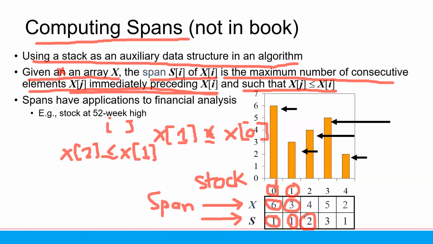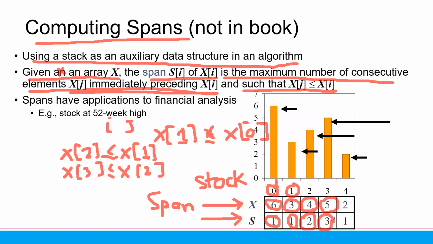So this is the second. And then we will check again. X3, is it less than or equal to X2? 5 less than 4? No. Then we will do another consecutive number.